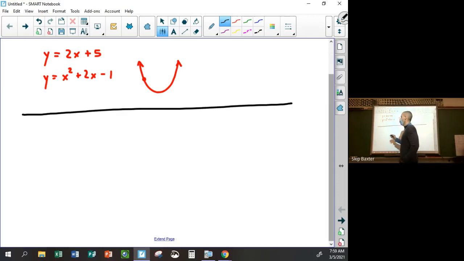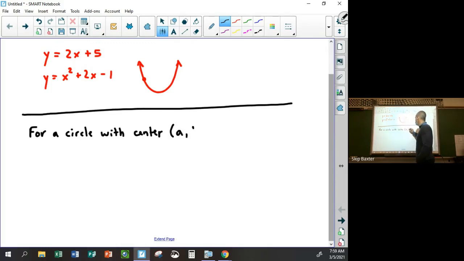So here's the equation. For a circle with center (a, b), so a and b could be any numbers, and radius r.